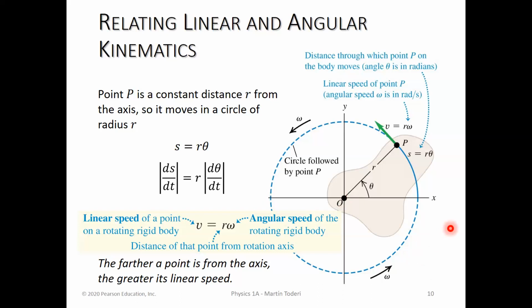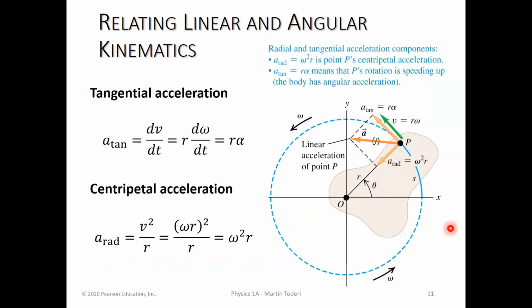All right. The same thing we can do with the acceleration, and then retrieve the expressions that we have already talked about for circular motion. This is a quick refresh, but it is also applicable to rigid body rotation, of course.